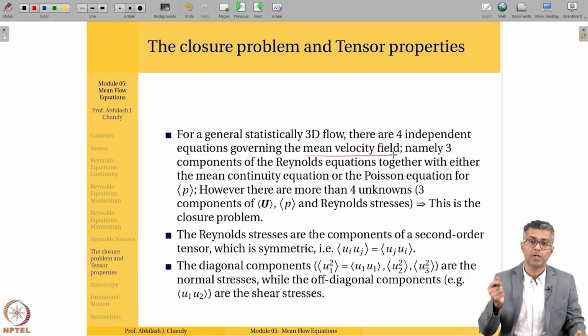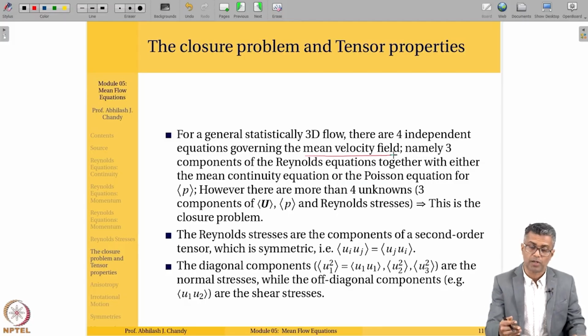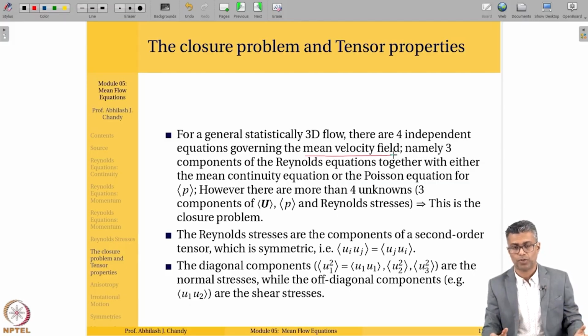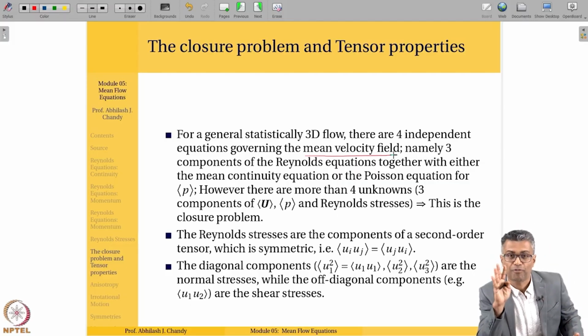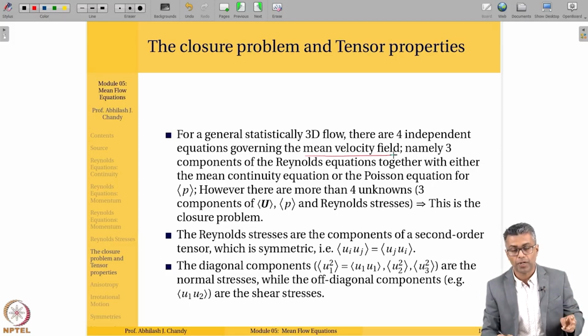Because the Poisson equation is derived by taking a divergence of the Reynolds equation or the momentum equation and invoking continuity, which means you take either the Poisson equation or the continuity equation. Either way, you have four independent equations: three components of the Reynolds equation and the Poisson equation for pressure.